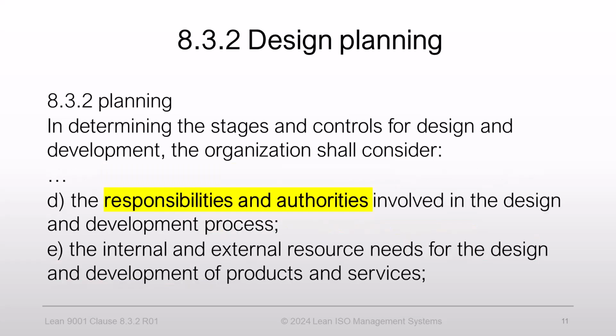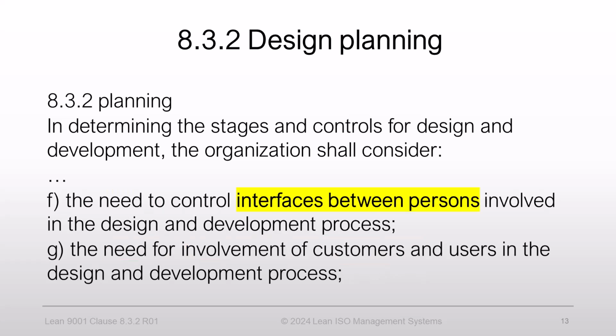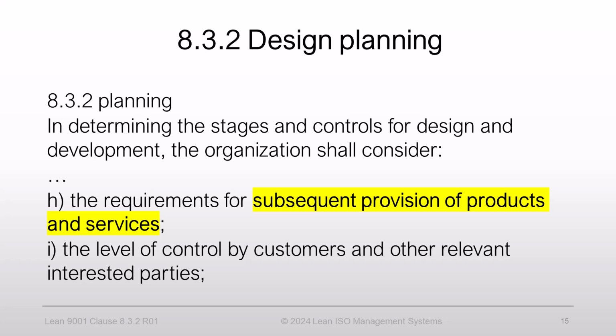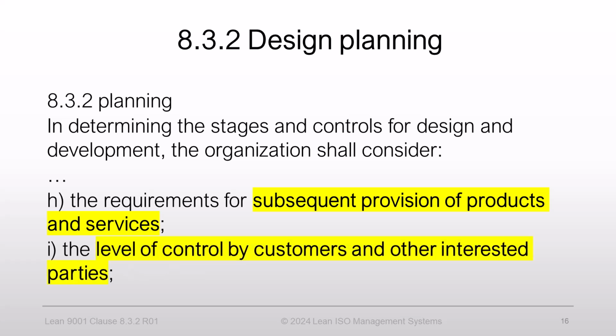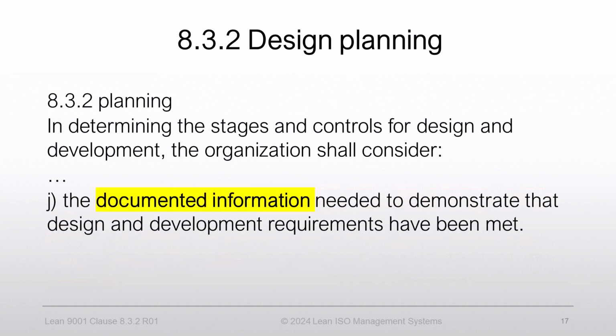The responsibilities and authorities. Internal and external resource needs. Interfaces between functions. Involvement of customers. The requirements for products and services. The level of control by customers and other interested parties. And finally, the evidence demonstrating that requirements have been met.